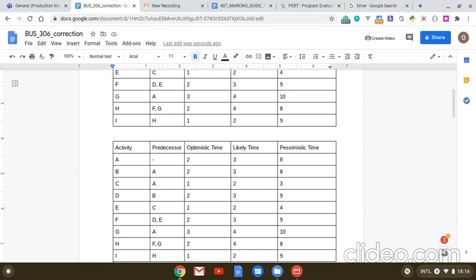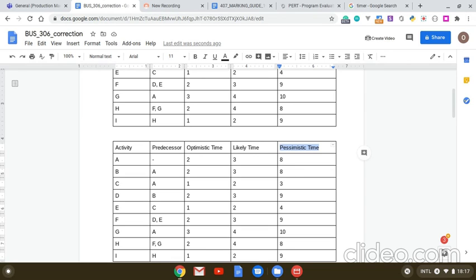Since we have three different times, we have an optimistic time, a likely time, a pessimistic time. From these three, we try to solve our expected time. In some articles or some authors, you find it as estimated time.